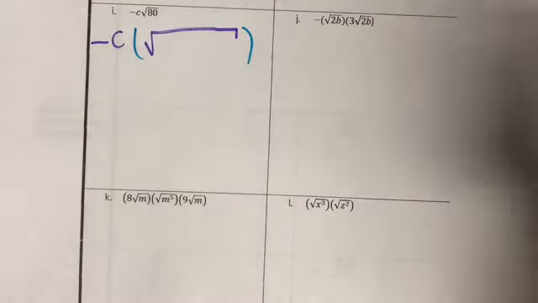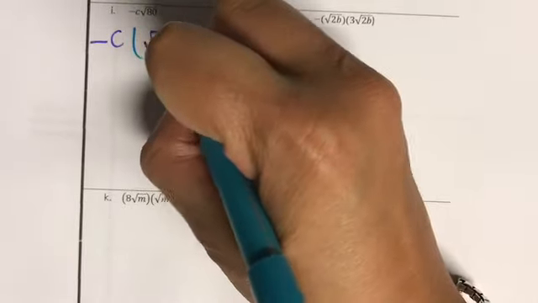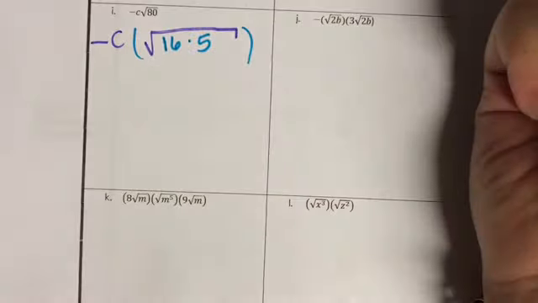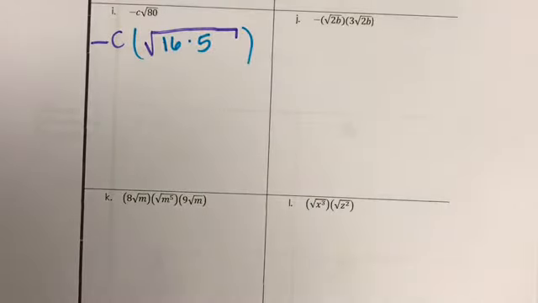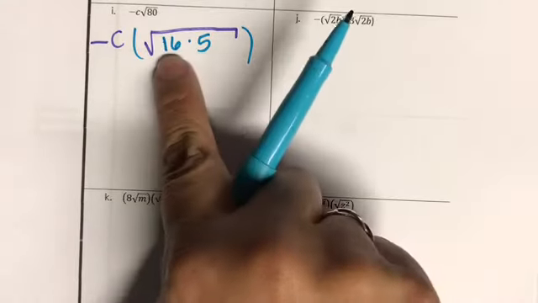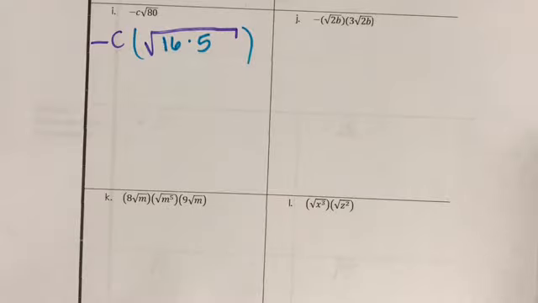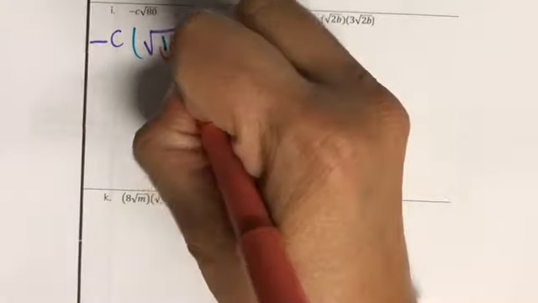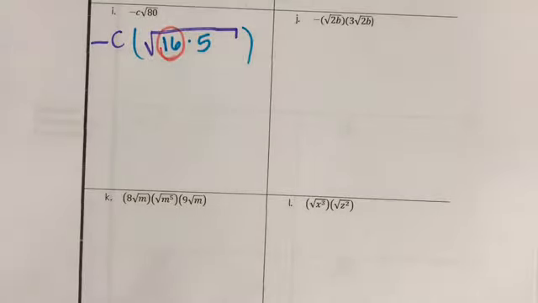I'm going to make my parentheses, square root, so I'm going to expand the 80. I know that 16 times 5 equals 80. 16 is a perfect square, so that's what I'm going to take the square root of.